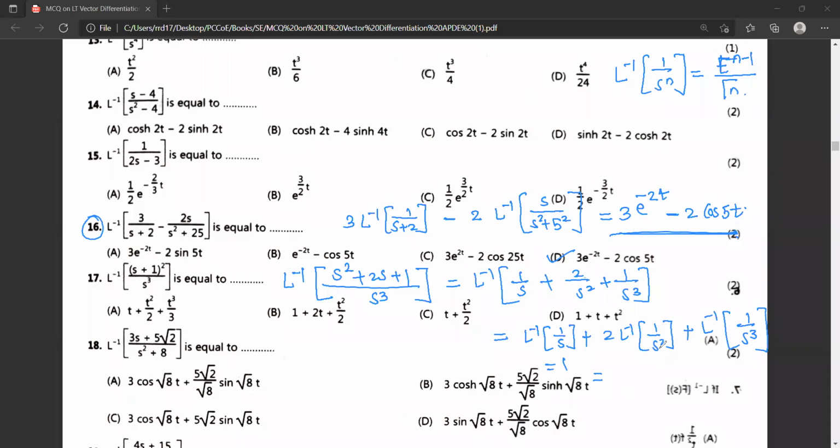This is just 1. This is just t raised to 2 minus 1 upon 1 factorial, so plus 2t. No, who said option D? I'm not getting option D. You're forgetting gamma of n. You're forgetting gamma of n. Okay, see, Option B, sir.